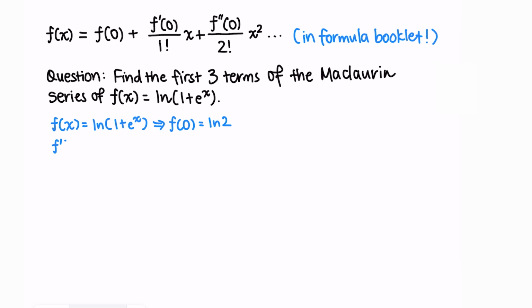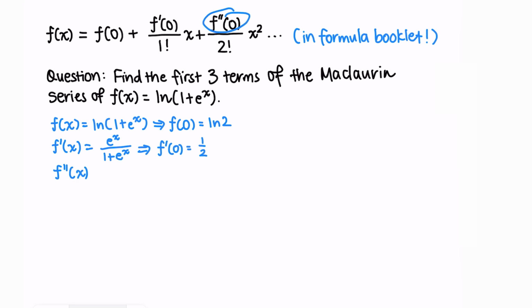Now let's find f prime(x) using the chain rule, which gives e to the power of x over 1 plus e to the power of x. And this just means that f prime(0) will be equal to half. If you substitute 0 into here, 0 into here, this becomes 1 over 1 plus 1, which is half.